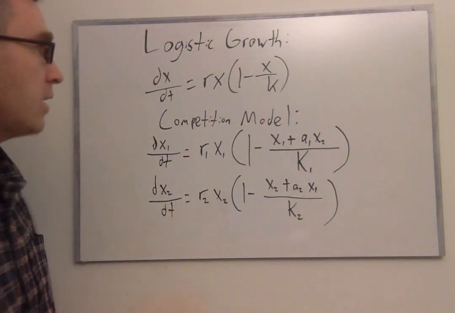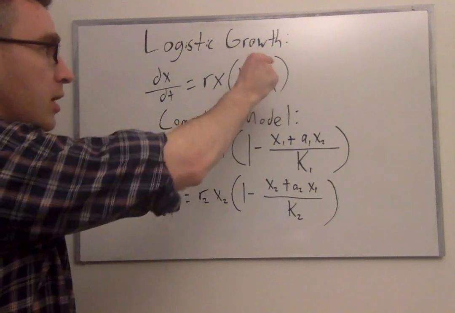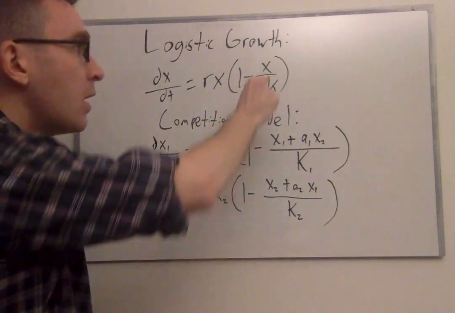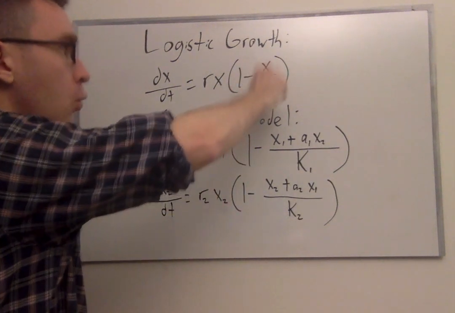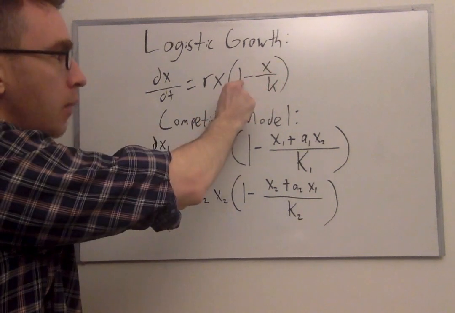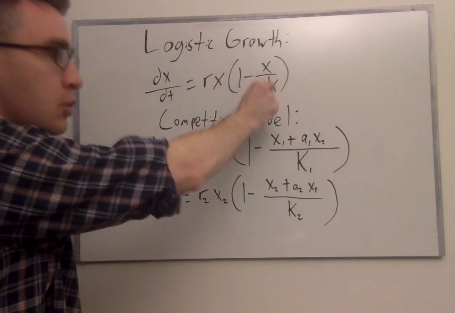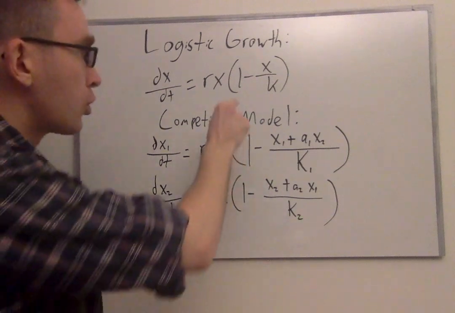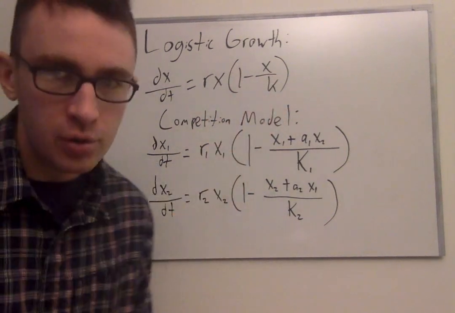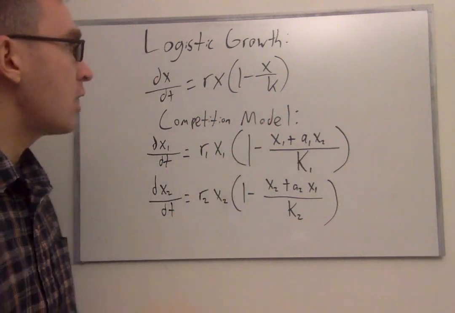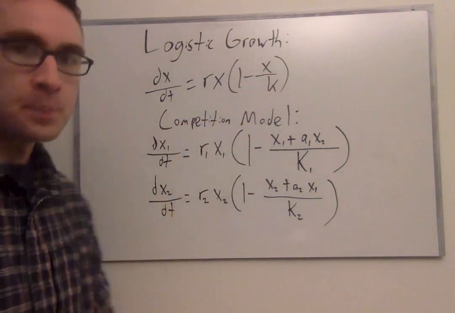As x gets closer and closer to k, this quotient becomes closer and closer to 1, and then we have 1 minus this quotient, so this whole term will become closer and closer to 0 as x reaches the carrying capacity.